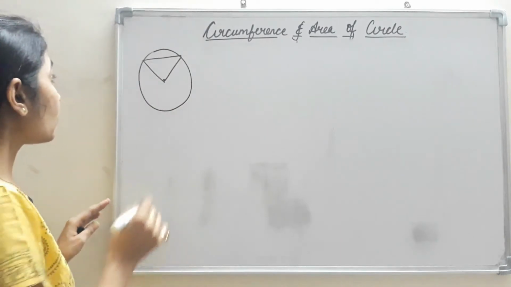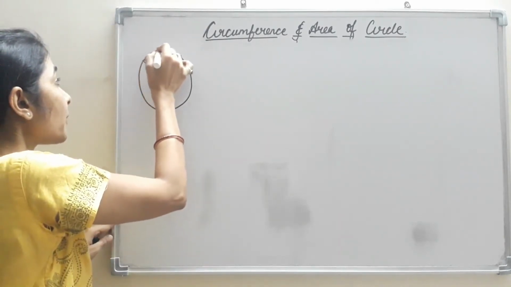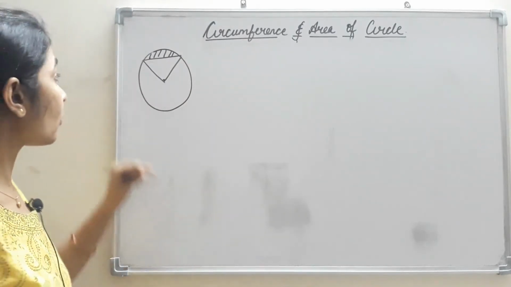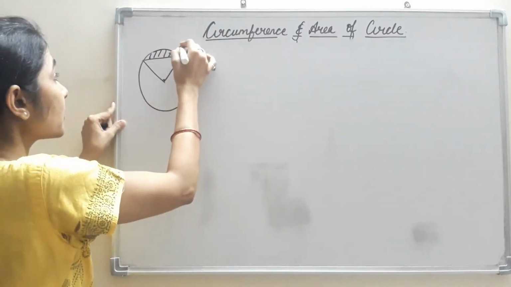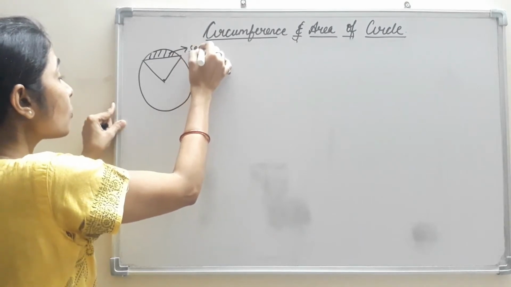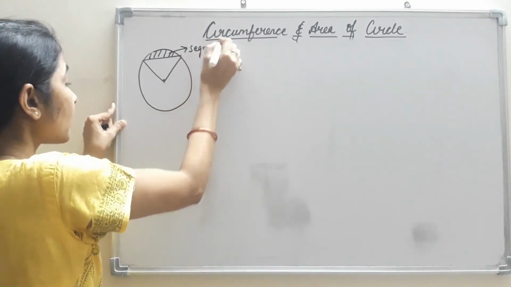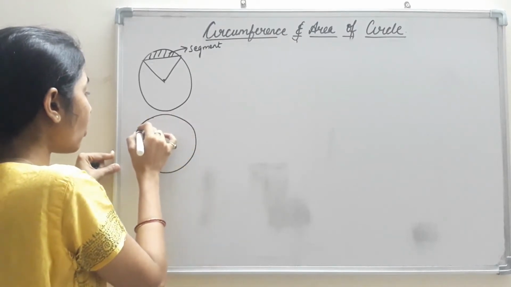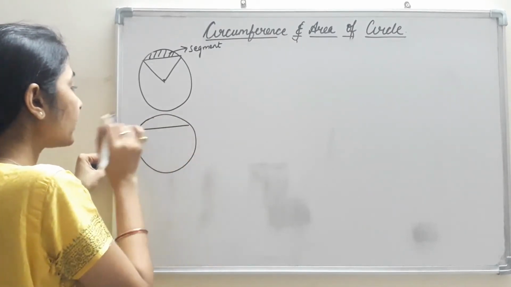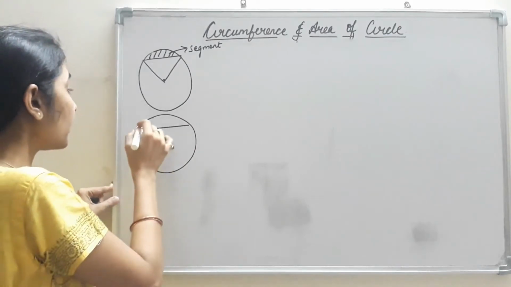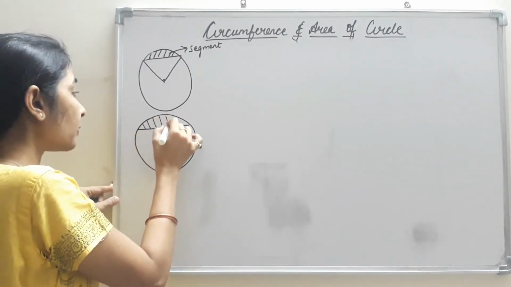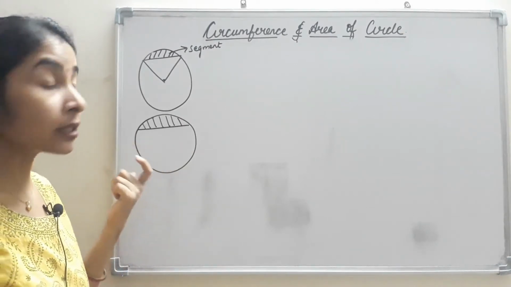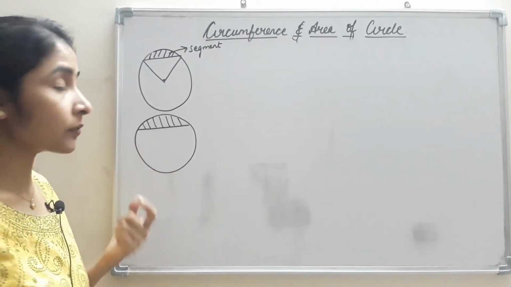The area enclosed by the circumference and the chord of the circle is called the segment. This region is called the segment. So when we talk about segment, it is the area enclosed by a chord and the circumference of the circle. We are supposed to calculate the area of this part, this area of segment of the circle.